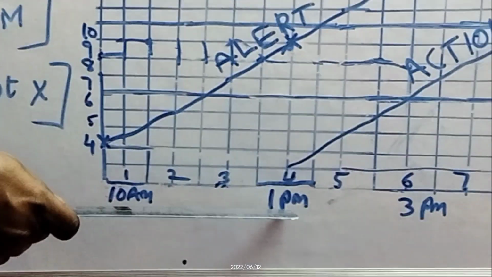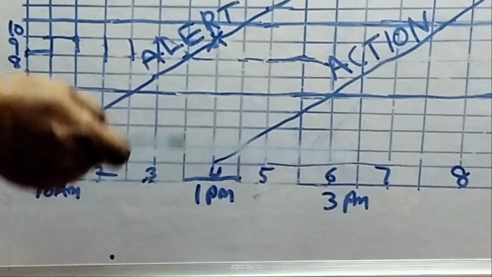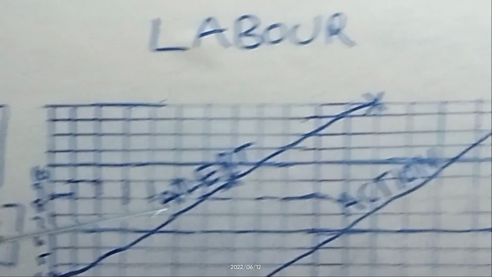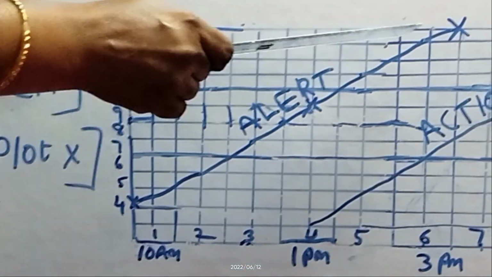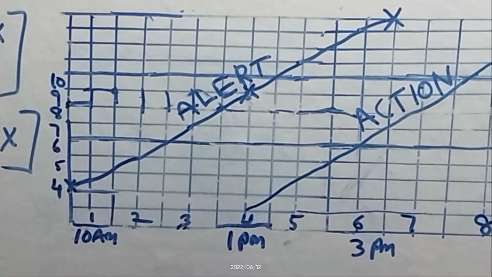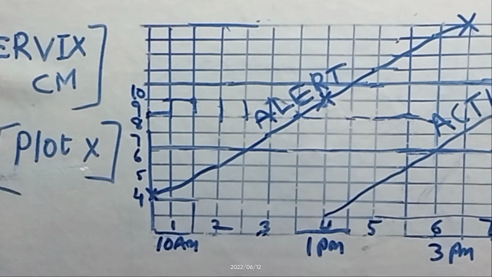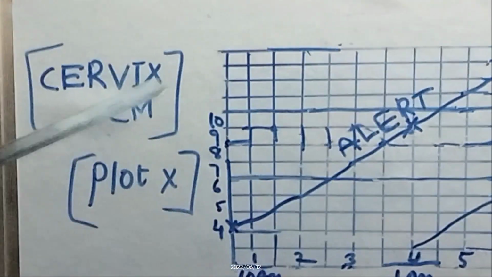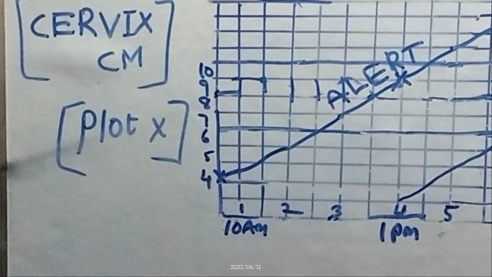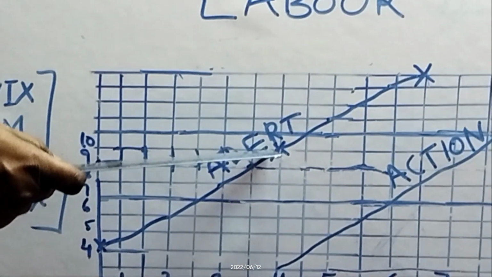After 1 p.m. here is 8 centimeter dilatation. After 3 p.m., 10 centimeter dilatation. So like this we have to plot the cervical dilatation every 4th hourly. So this is the normal partograph. Now I will let you know about what is an abnormal partograph. For example, here 1 p.m., 8 centimeter dilatation.